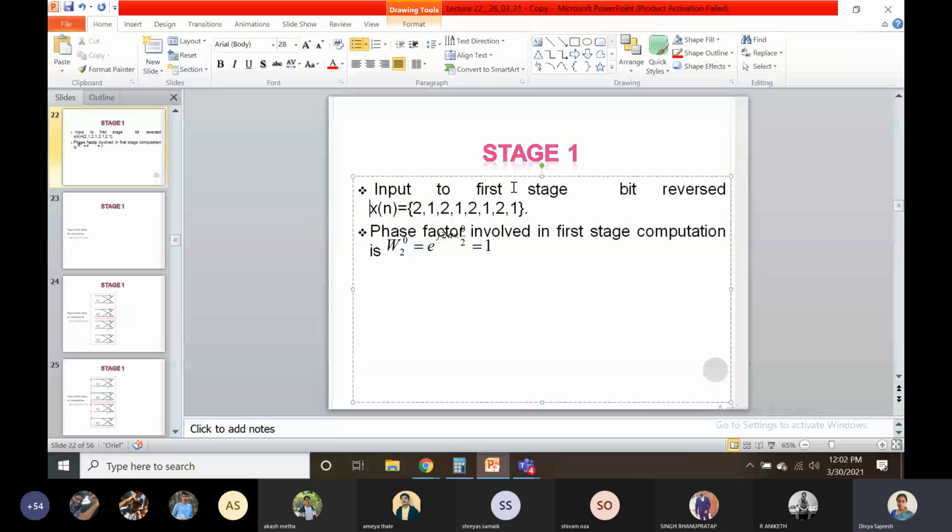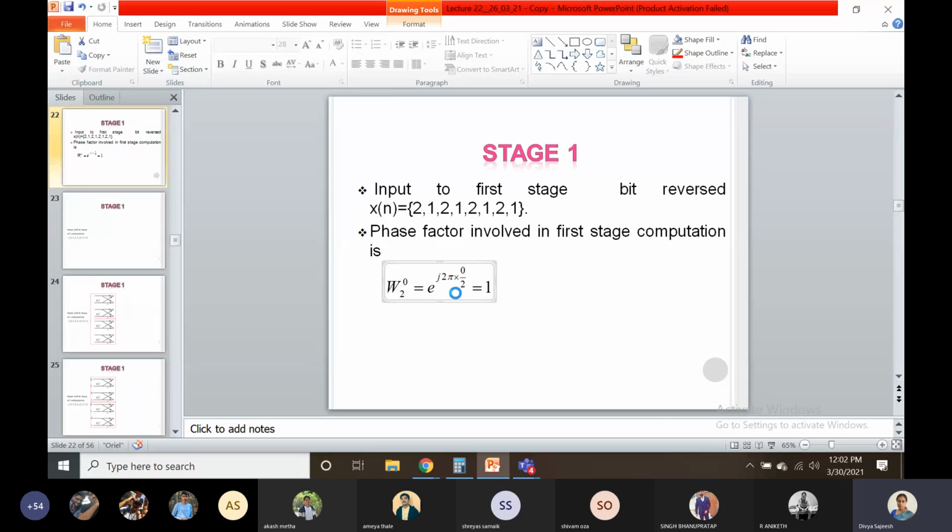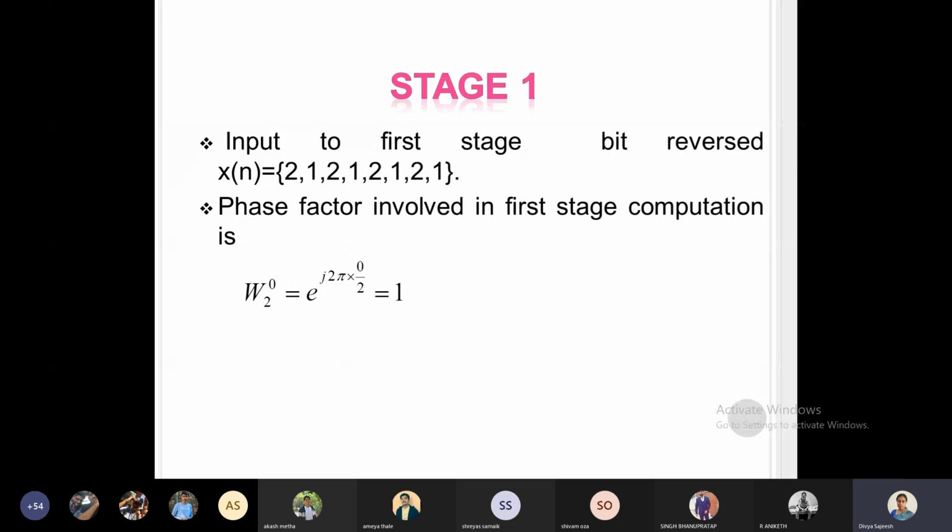Now the phase factor involved in the first stage of computation is W2 raised to 0. Because in the first stage you will take the capital N as 2, and we require only Wn raised to 0, the trivial factor, in stage 1.